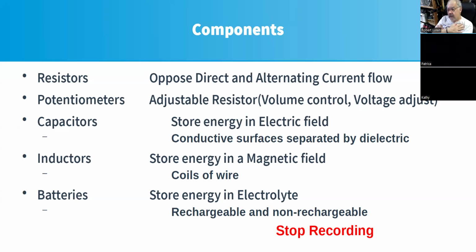Lithium ions and nickel cadmium, and what's the other one they don't use much anymore? Anyway, those are rechargeable. I think the only non-rechargeable that shows up as an exam question is the carbon zinc battery.